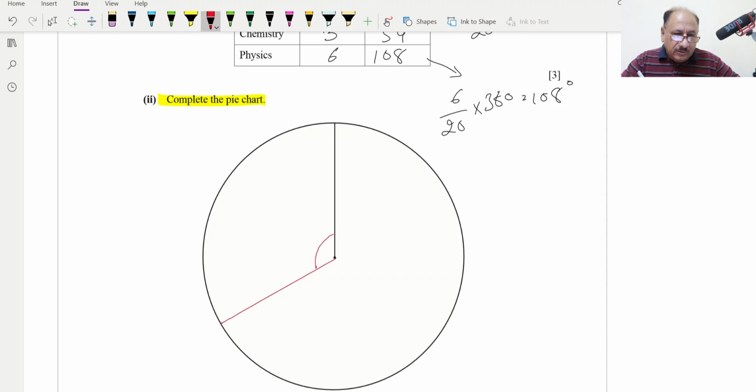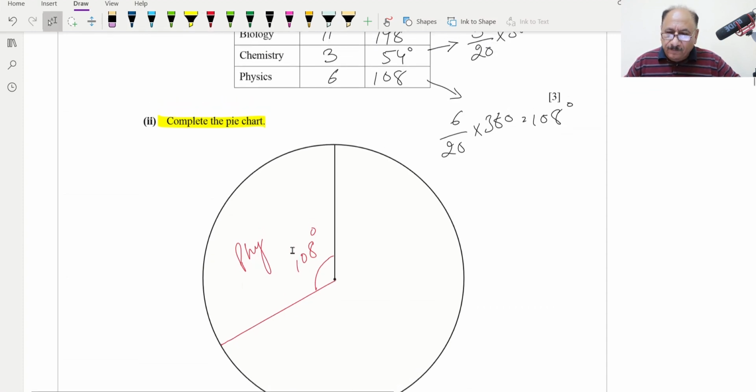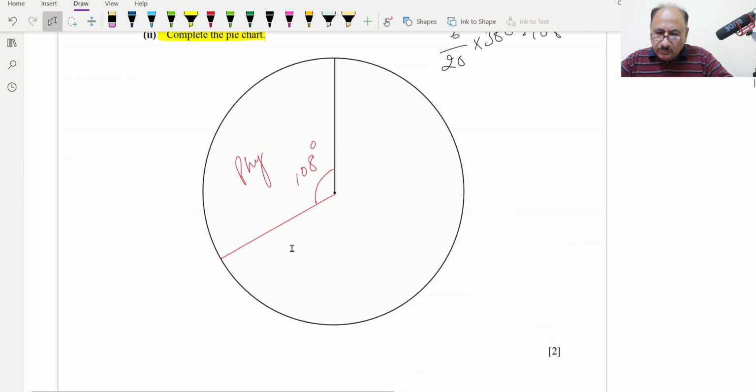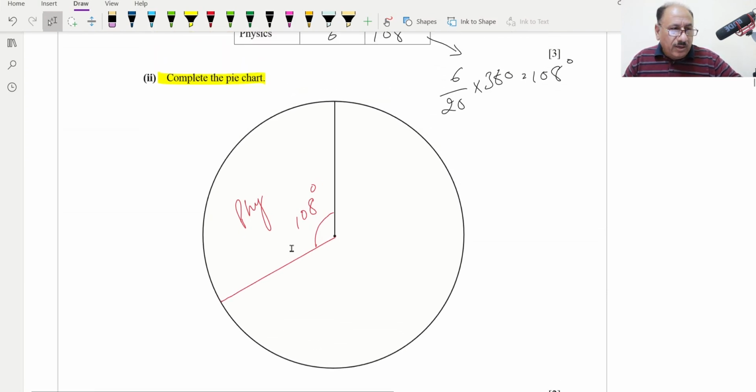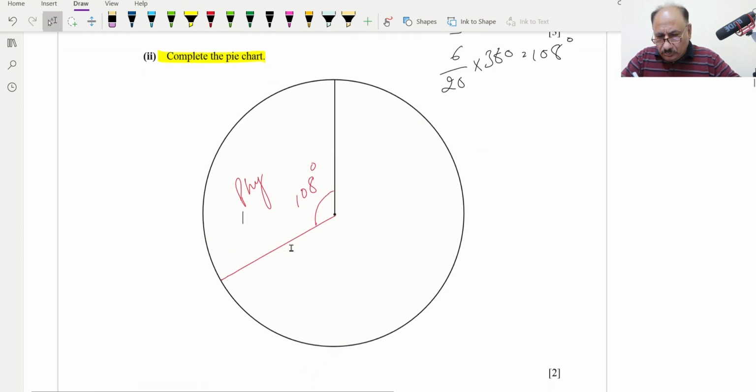You will be exactly measuring and drawing this angle as 108, and this will be physics. Then for bio we take 198, and 54 will be the chemistry. So this will be 90 plus 108, 180 plus 18, so the angle will be like this.